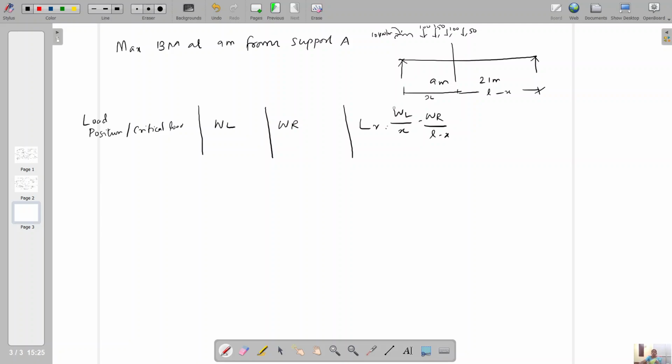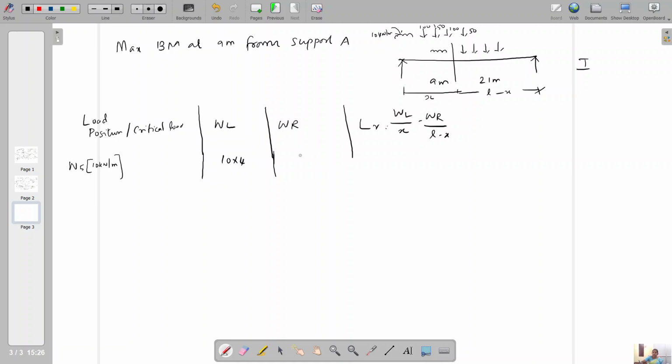So I am going to trial that, keeping 100 kilonewton per meter on the left side and all other loads on the right side in my first trial. So the critical load here is W5, that is the 100 kilonewton per meter I took. WL is the total load on the left side of the section, so 10 into 4 is the total load.